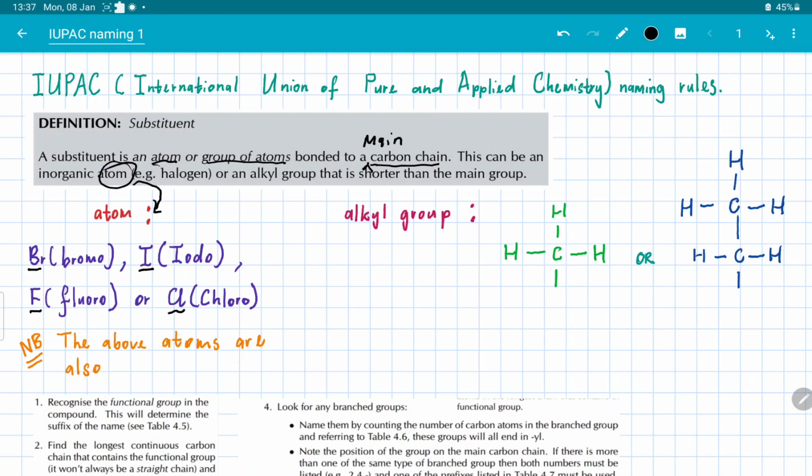However, when we name them as part of that main continuous carbon chain, we will not be saying bromine, iodine, fluorine, chlorine. We rather will use the abbreviations: for bromine, bromo; for iodine, iodo; for fluorine, fluoro; then for chlorine, chloro.